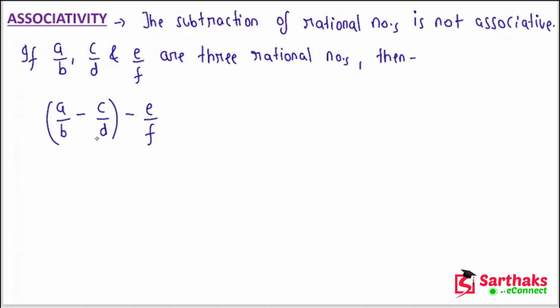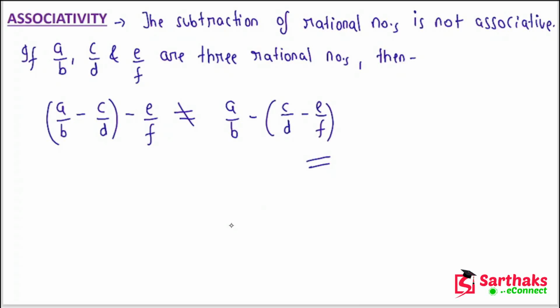So here what you are doing is subtracting c upon d from a upon b first, and then we are subtracting e upon f from the result. That will not be equal to a upon b minus c upon d minus e upon f with the grouping changed. So this is the associative property.